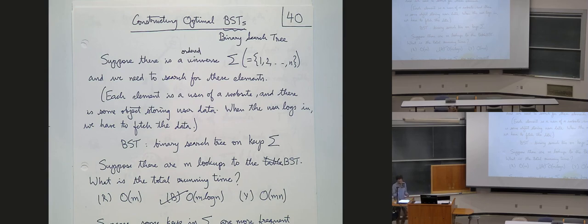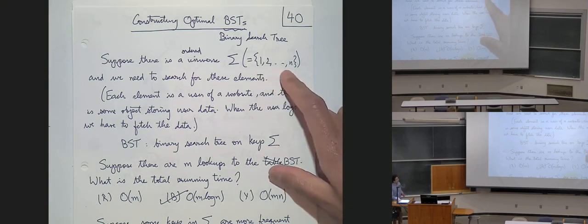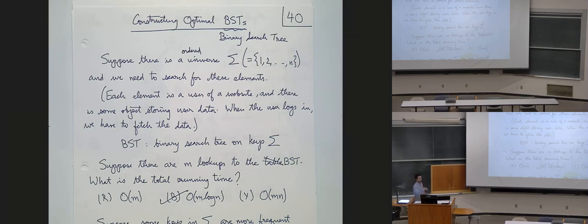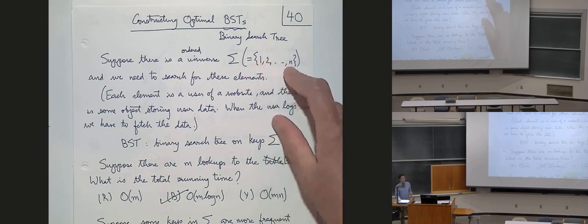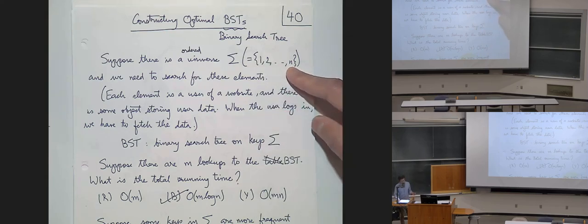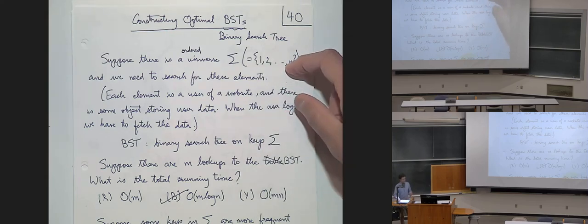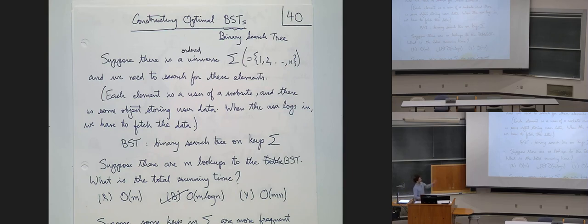Just to give an example, you can assume that there's some object associated with each of those, and you'll have to fetch the object whenever this element or this key appears. For example, one could be users of a website, and this is some object storing the user data, and 1 to n denotes the user ID or whatever, some login ID.